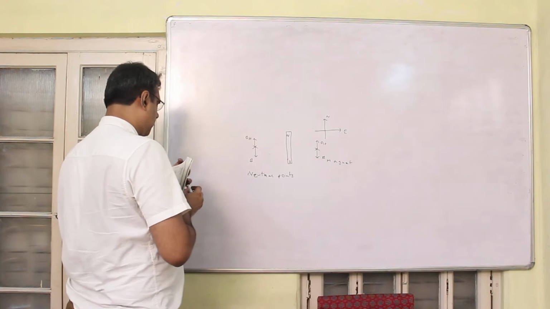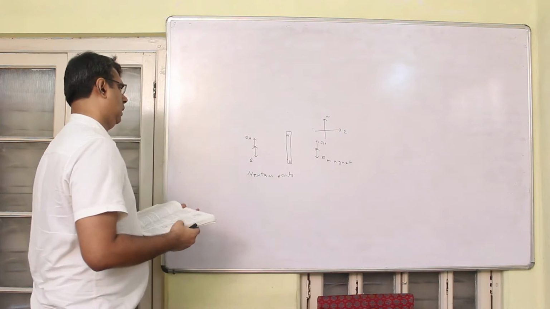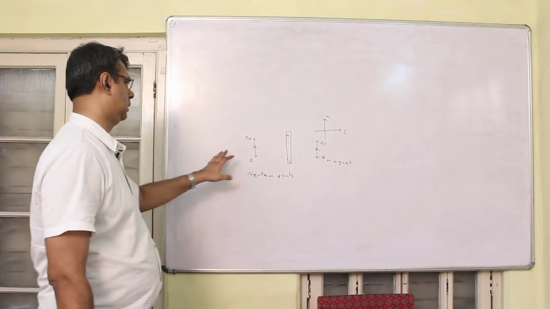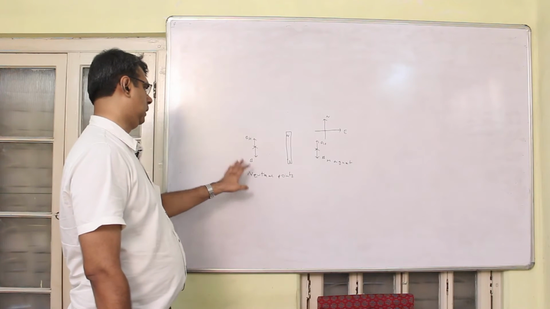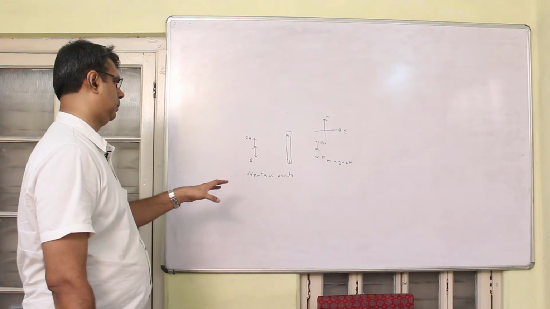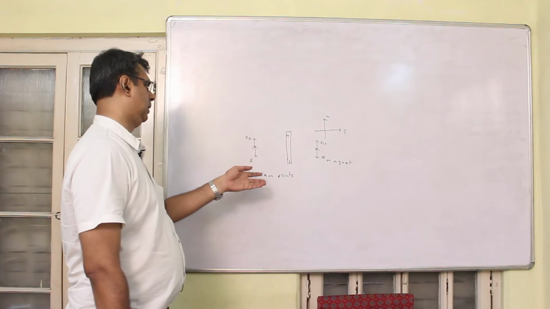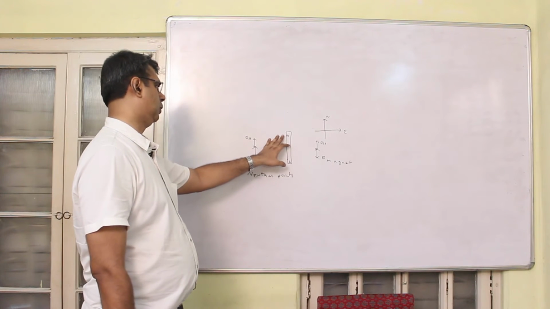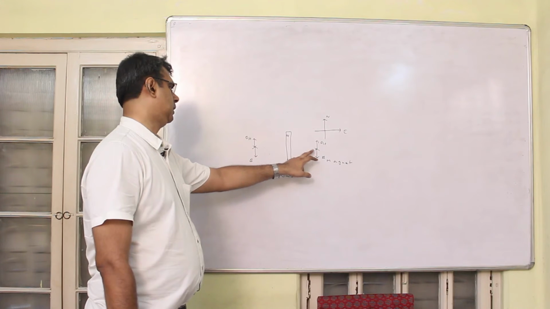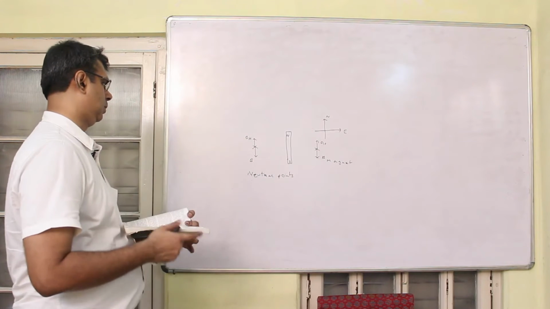So neutral points are those points where the resultant field due to the Earth and due to a particular magnetic material like a bar magnet will cancel each other. So for a bar magnet with north pole pointing north, these 2 points will be the neutral points.